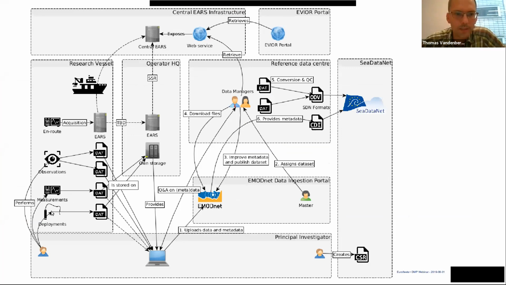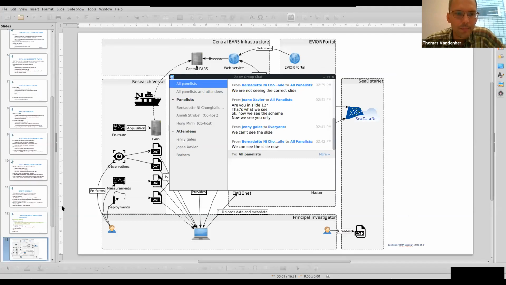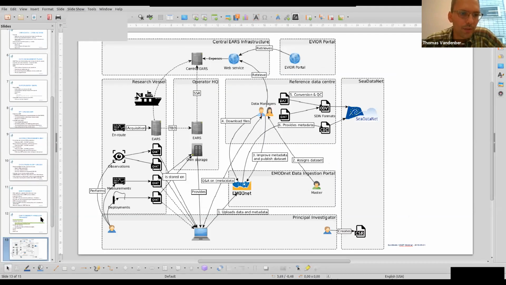So you as a scientist, you make the deployments of devices, CTDs, single sensors. It's also possible that you perform long-term deployments. We suppose that this will be a rarer case in Eurofleets Plus, as it's a single cruise. But in any case, these generate one or more data files.